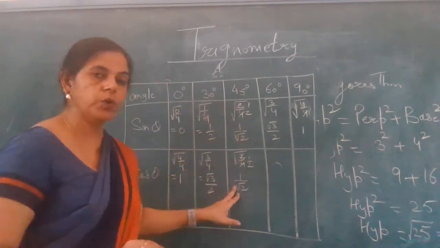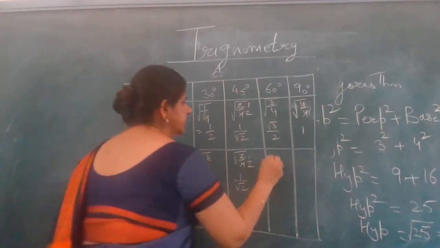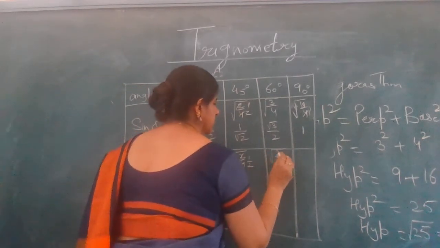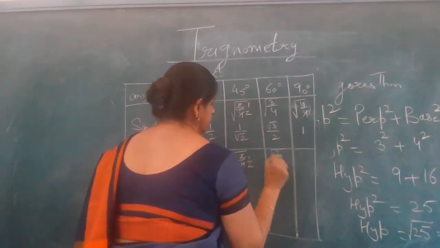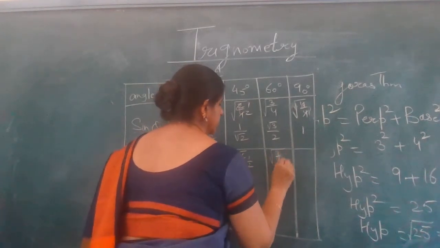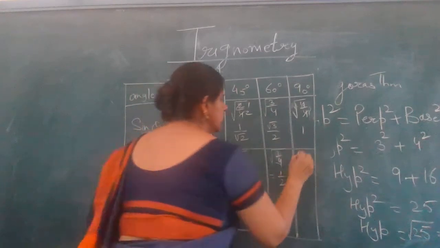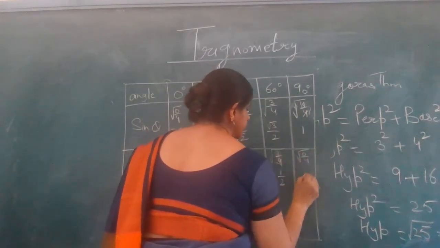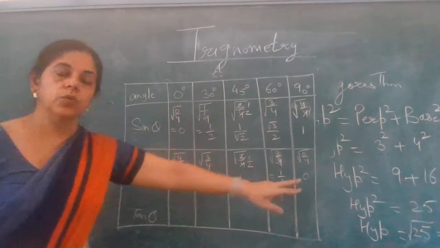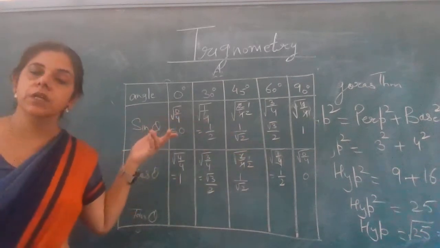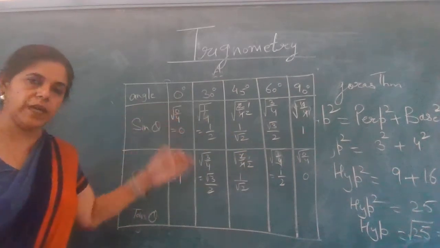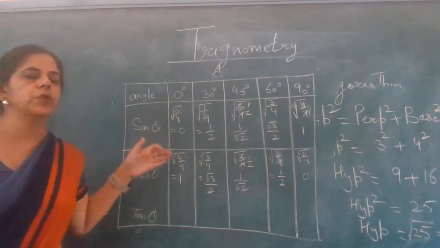It is the same in both because it is coming in the center. So this is 1 by 2. It is 0. So here we have the values. If you have to put these values and find out the different values, you can use them.